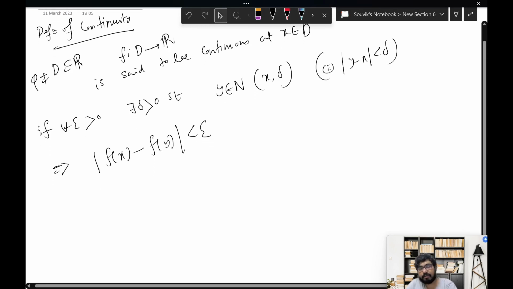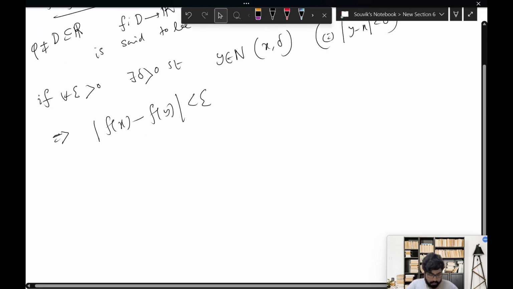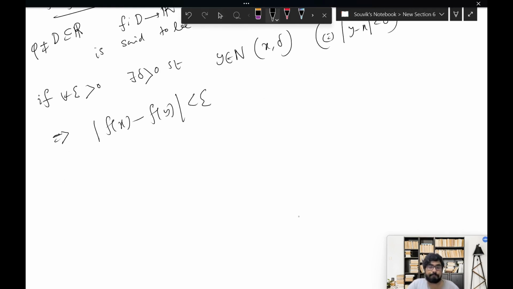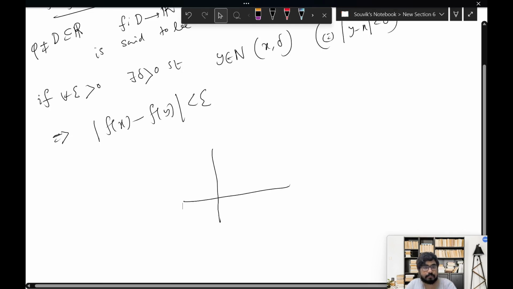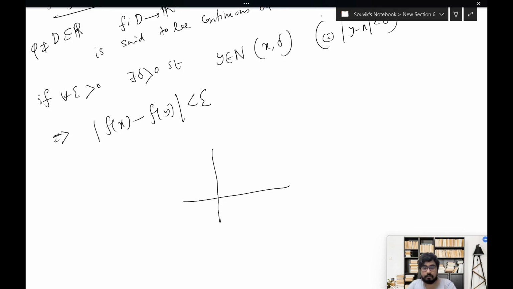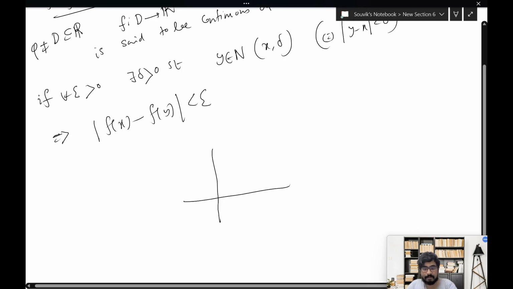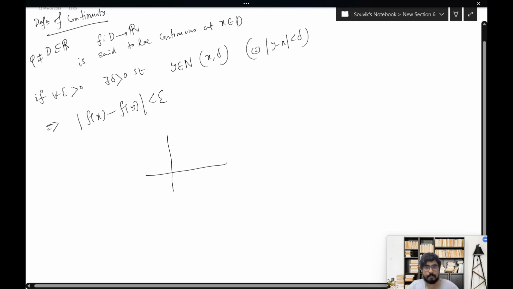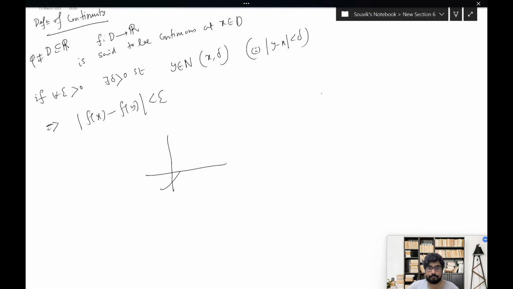It's a very theoretical definition, so how do we guess it? We can guess it as follows. Suppose our f looks like this, and suppose x is this point.